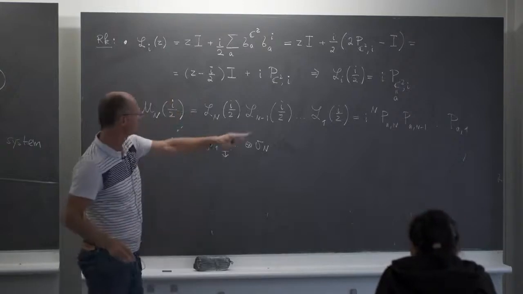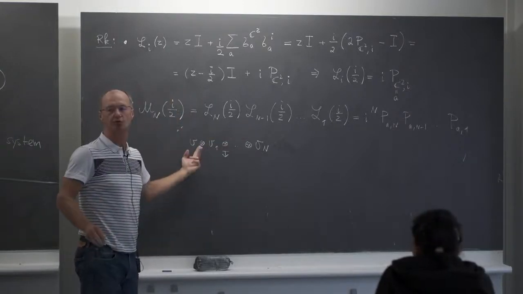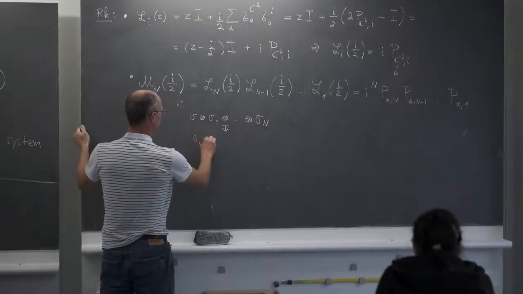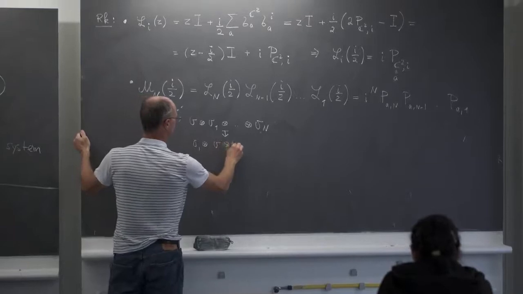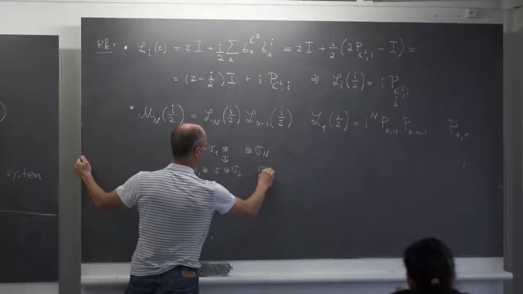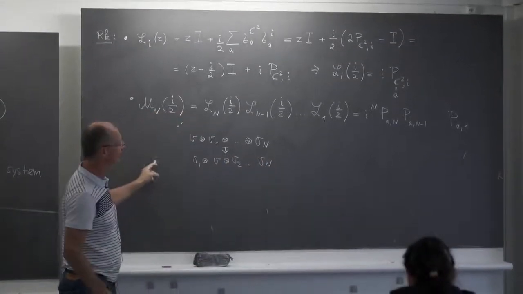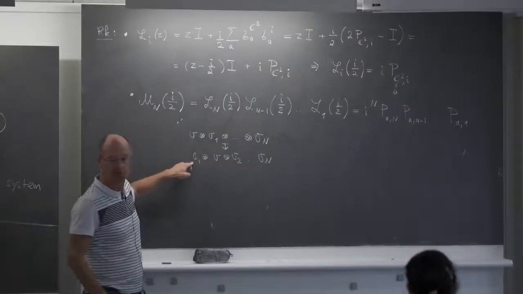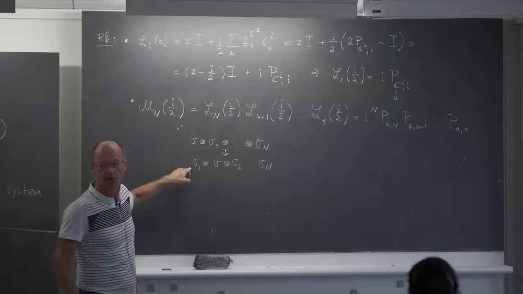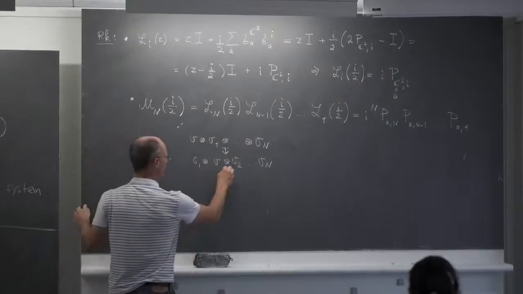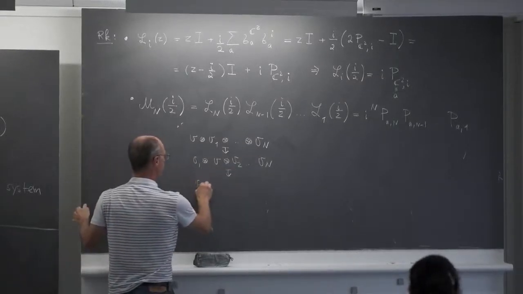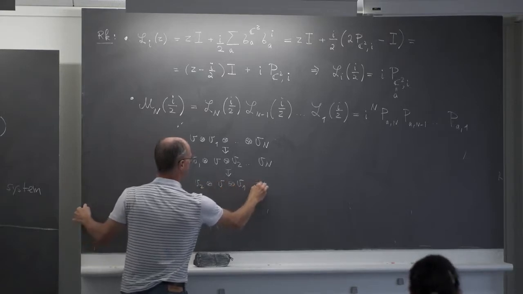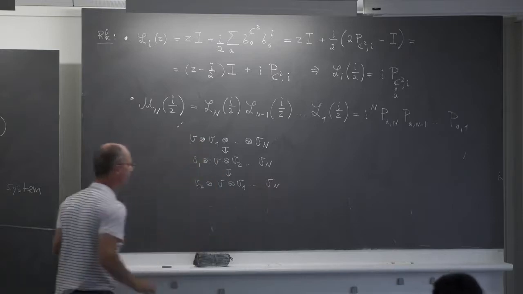I'll first exchange A and 1, right? So it will be v_1, v, v_2, and so on up to v_n. Then at the next step, I should exchange v_2 and A, but at the place of A is now this v_1. So the next step will be v_2, v, v_1, and so on, v_n.